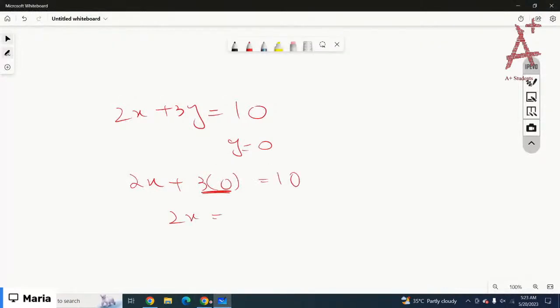That means 2x equals 10. Divide both sides by 2, it would be x equals 5. So the correct option is x equals 5.